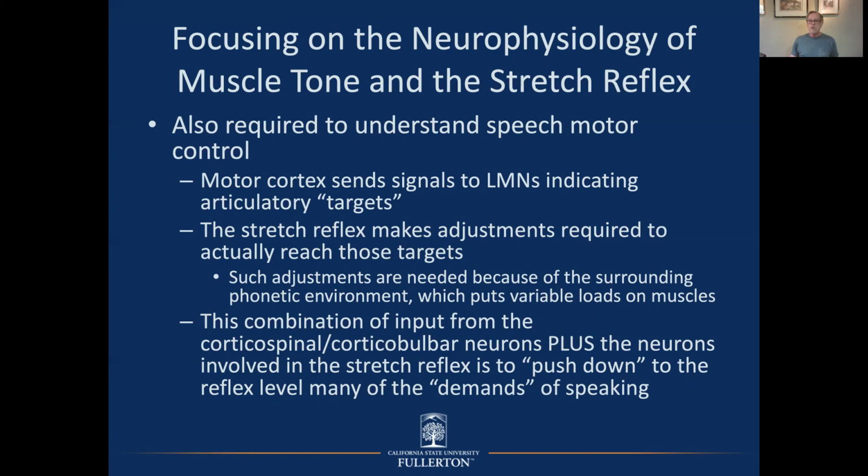And there is also activity in the reticulospinal tract, the lateral reticulospinal tract, and the medial reticulospinal tract to exactly coordinate how much contraction is needed. So there is a combination of input from the corticospinal and corticobulbar neurons, plus the neurons involved in the stretch reflex to, in effect, push down to the reflex level the many demands of speaking.